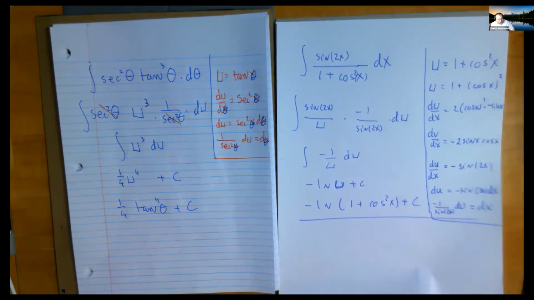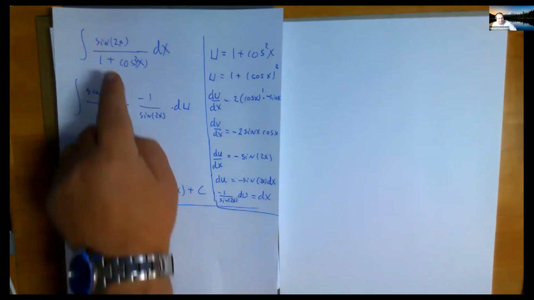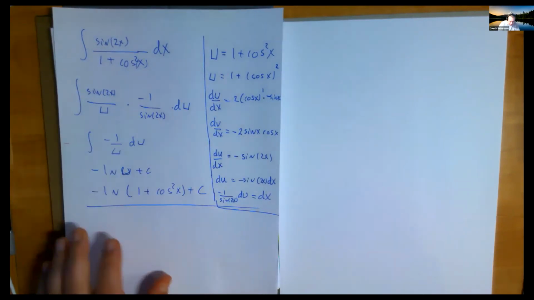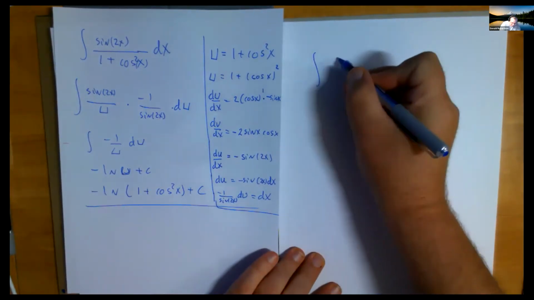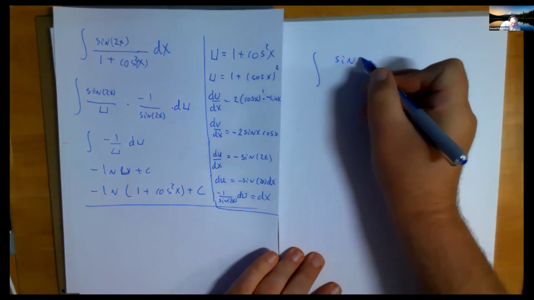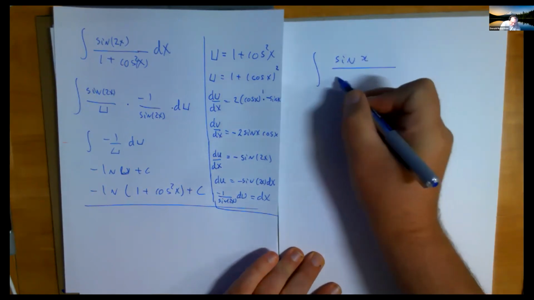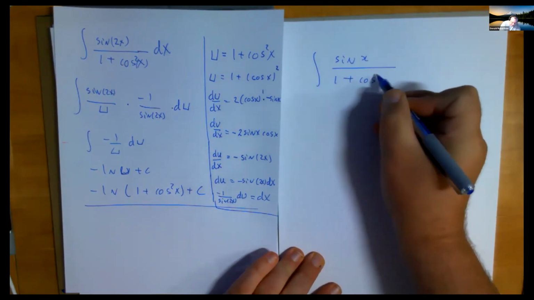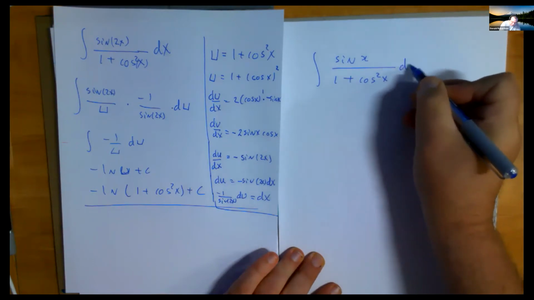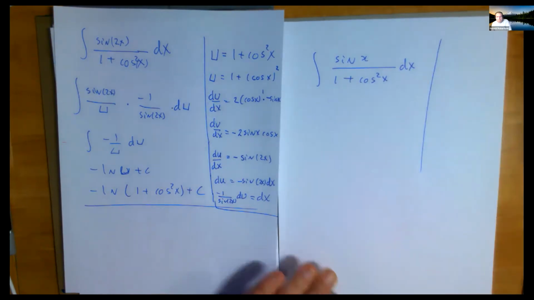Now I'm going to keep that question here, and I'm now going to replace it by one tiny change. It's not sine 2x in the top, it's only sine x.